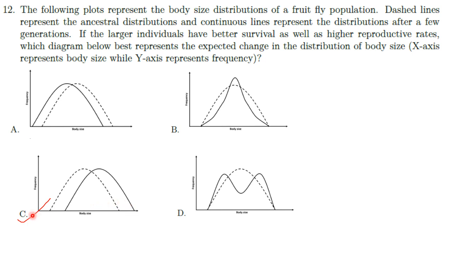So if you see the diagram C, you can see that the body size of ancestral population is less and the body size of the present generation is more. So that is having better survival as well as higher reproductive rate. So the answer here is option C.